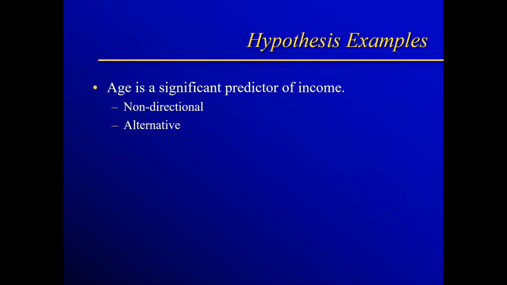An example of a directional hypothesis using these two variables would be: I think we hypothesize that younger participants make more. It's actually saying what we think the direction of the relationship is. And here we're just saying, hey, age is related to income. It's a significant predictor of income. Well, we're not saying do younger people or do older people make more money. That would be directional.